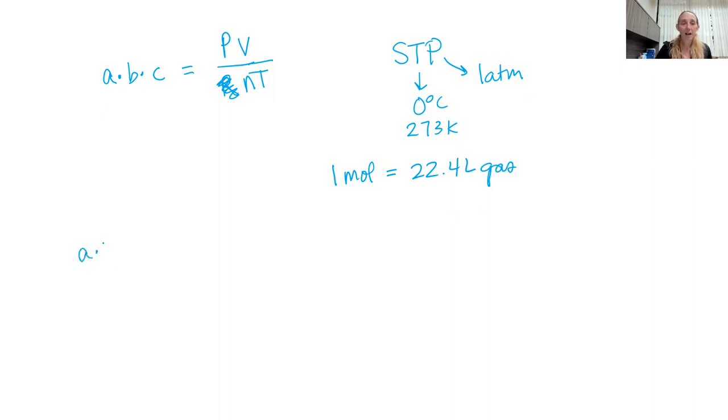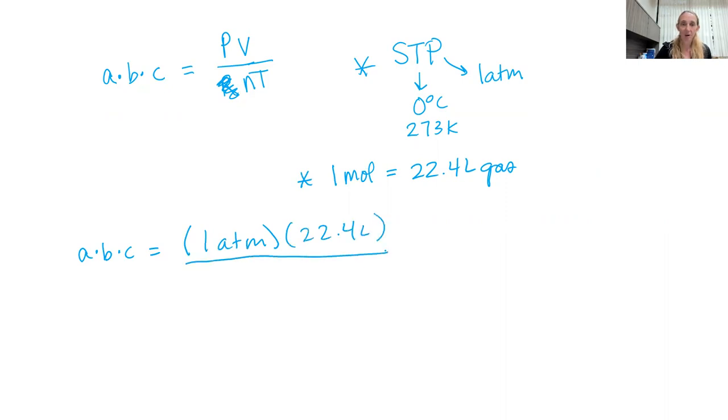So if we take A times B times C, and we set that equal to standard conditions, we have a pressure of 1 atm, a volume of 22.4 liters of gas, divided by the amount, which is 1 mole, times our temperature, which is 273 K. Now, if we multiply this out, 1 times 22.4 divided by 1 divided by 273, you get this number.